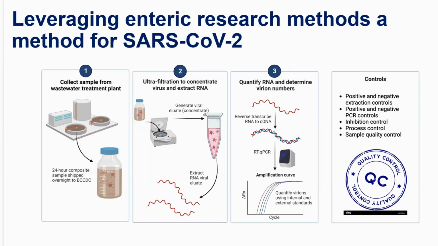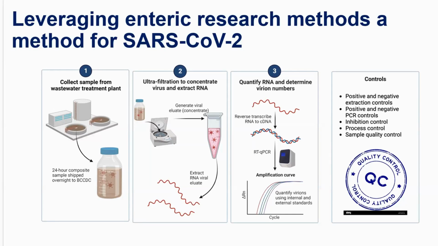One of the things that's really important also when we're doing any of this work is the controls. So you have to have positive controls, negative controls, as well as inhibition controls. Wastewater in itself can be very difficult to amplify. There's a lot of heme in the wastewater, which can inhibit the PCR steps, but we can check whether or not there's inhibition by spiking in a known quantity of another target.